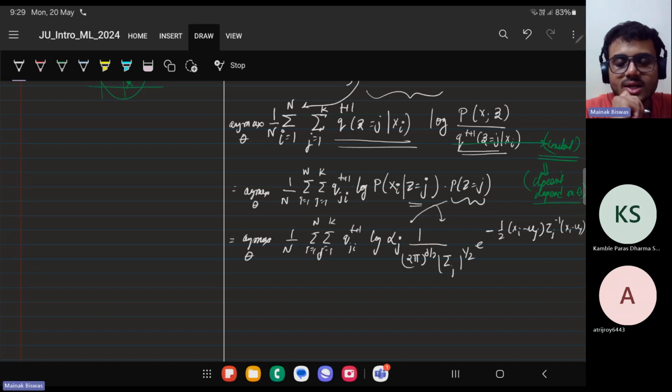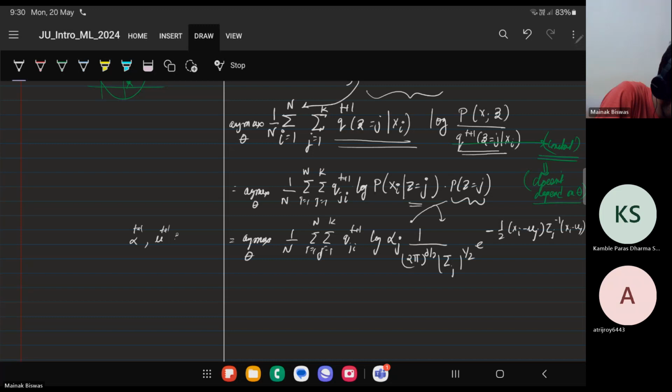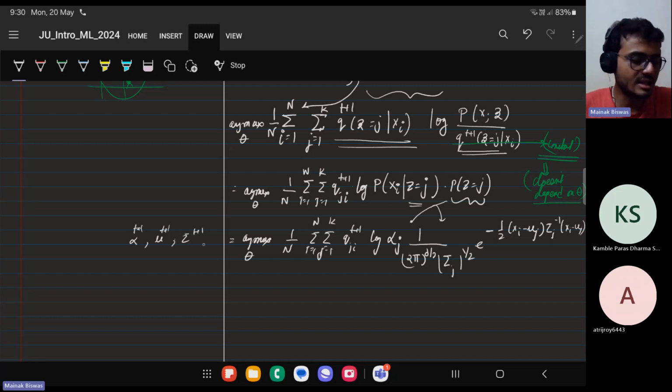But am I really done with it? Is it unconstrained optimization? So now I will be able to solve this and I'll get alpha star, mu star, sigma star, right? Or t plus 1, whatever you want to name them. I'll do it. But first tell me, is it fully unconstrained or is there a constraint that you need to worry about?